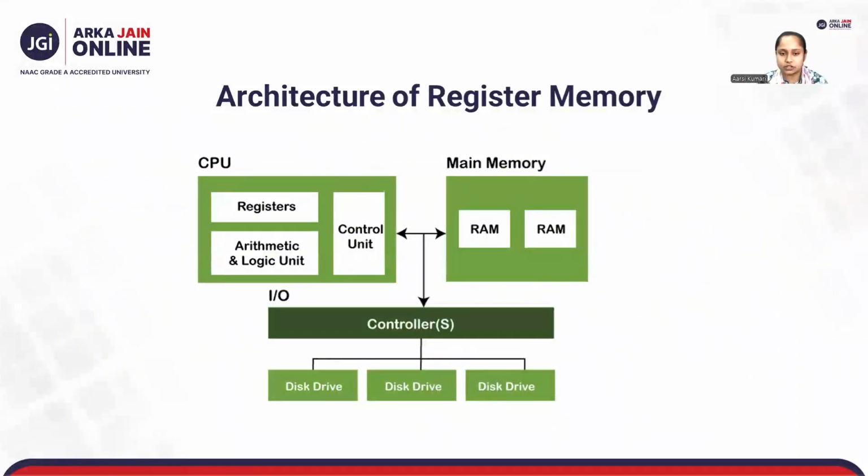We have the architecture of register memory. This architecture is driven by instructions through which operations are to be carried out on the registers and memory. The architecture is referred to as a register plus memory architecture. An operation can have two operands: one of them can be in memory and the other one in a register.